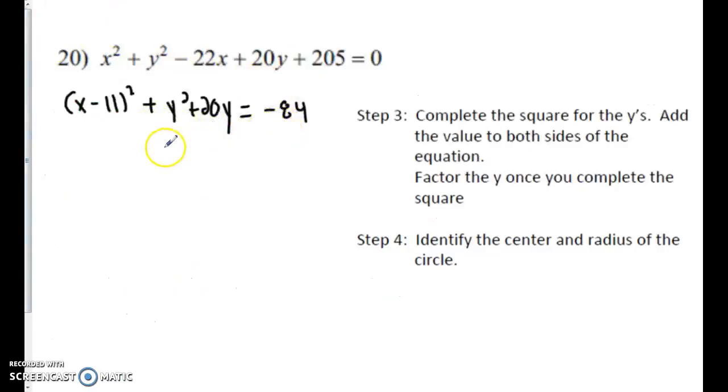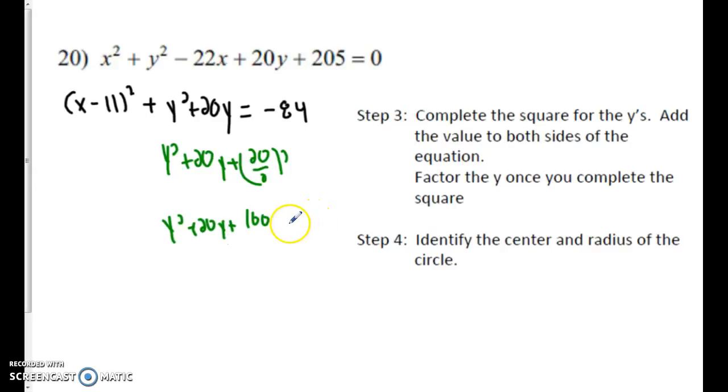Got to do something with the y's. So I have y squared plus 20y plus 20 over 2 squared, which is 100. So I have y squared plus 20y plus 100 equals negative 84 plus 100, and then I have x minus 11 squared. So I have equals 16 on that side.